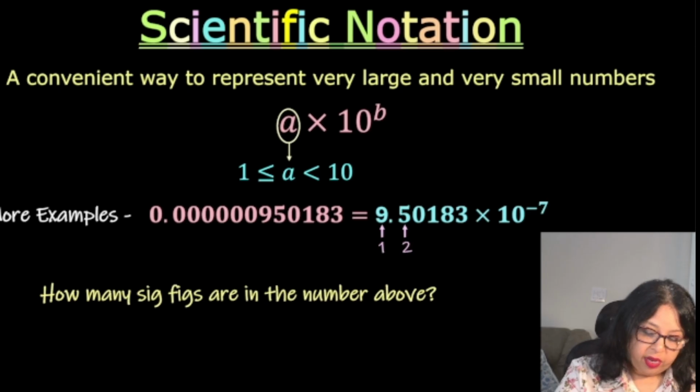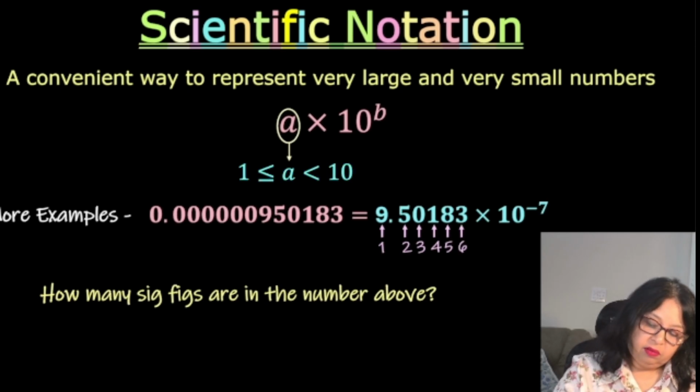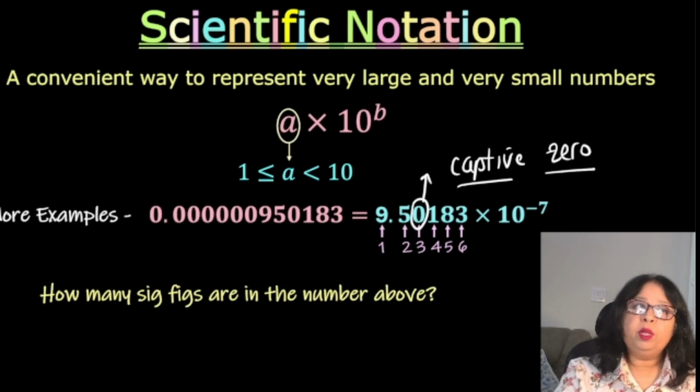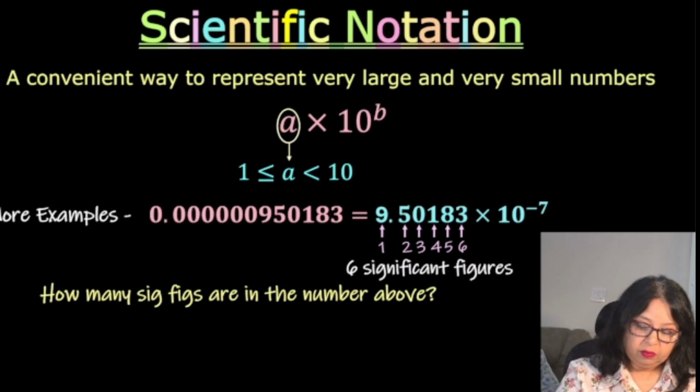What do you say? 1, 2, 3, 4, 5, and 6. Now you might ask about this zero. Well, this zero happens to be a captive zero. We learned about that in lecture number 1 of this playlist. So there are 6 sig figs on the right hand side.